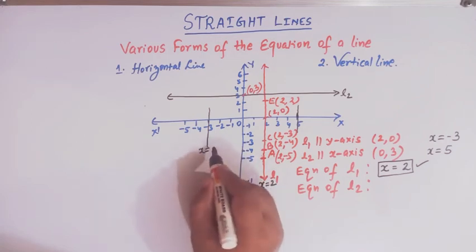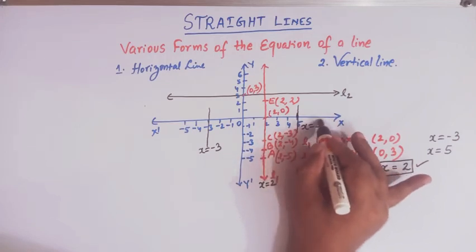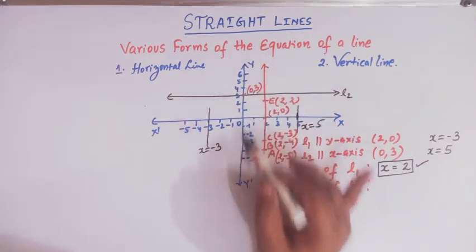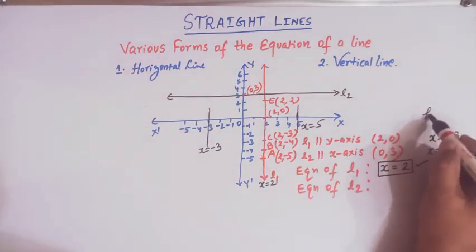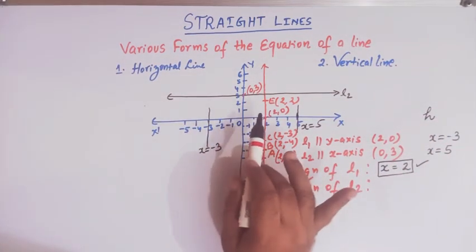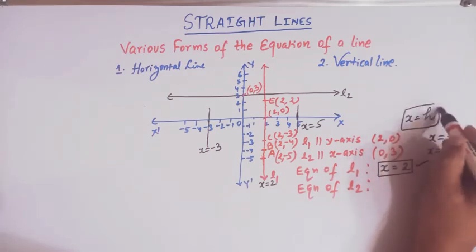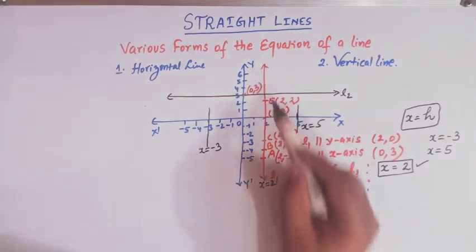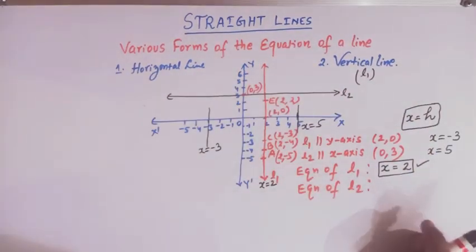So this is x equal to minus 3, and this line is x equal to 5. So in general, we can say that if a line is parallel to the y-axis and it is at a distance of h units from the y-axis, then the equation of this line would be x equal to h, right? And this line L1 is known as the vertical line, right?